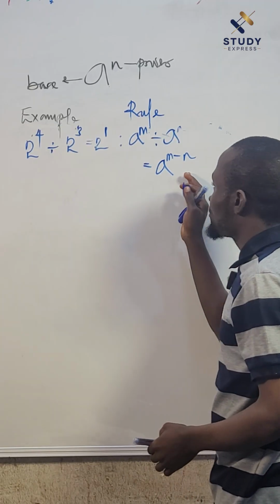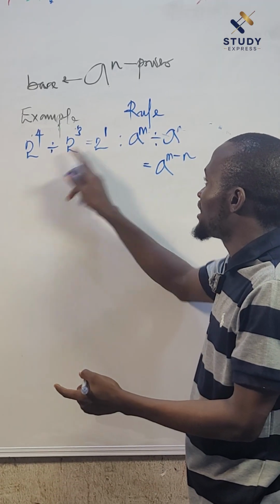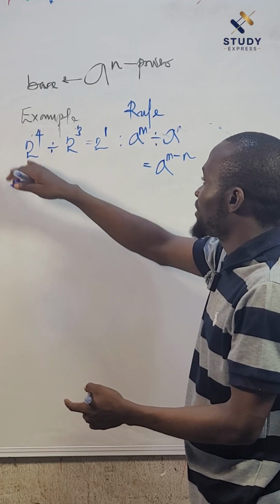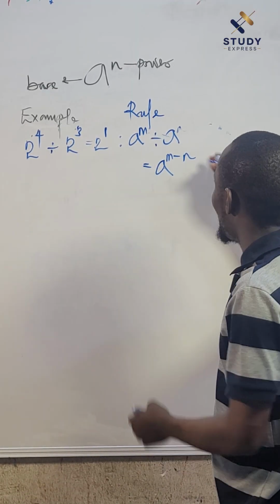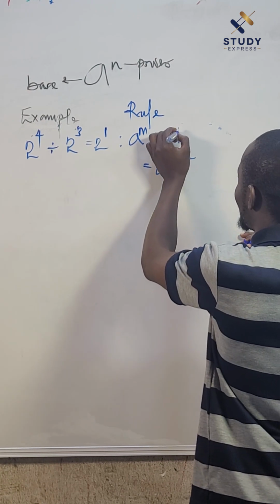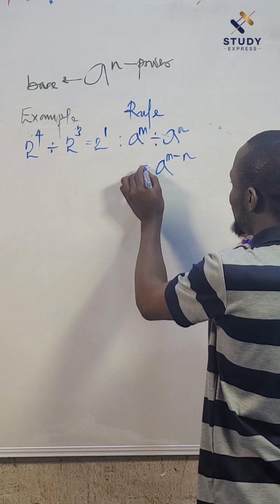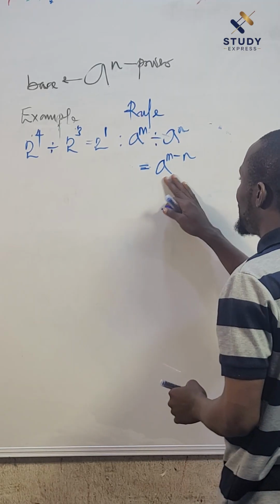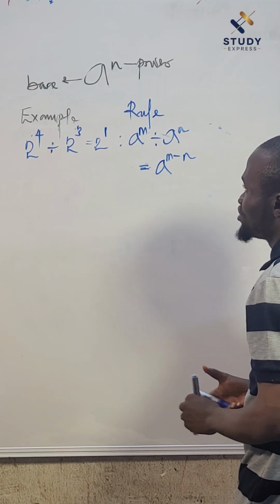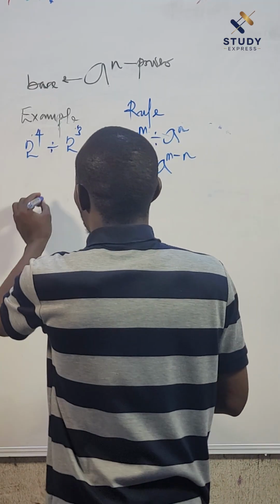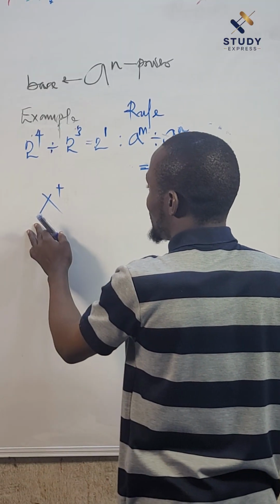How do we get a raised to power m minus n? We are subtracting 3 from 4, and I get 1. So we can generalize by saying whenever we have a case like this, our answer will be a raised to power m minus n. This is called the division rule.